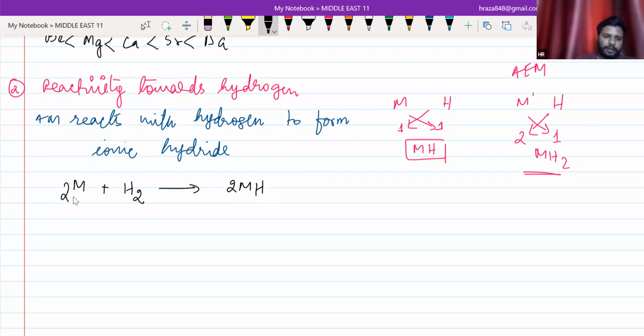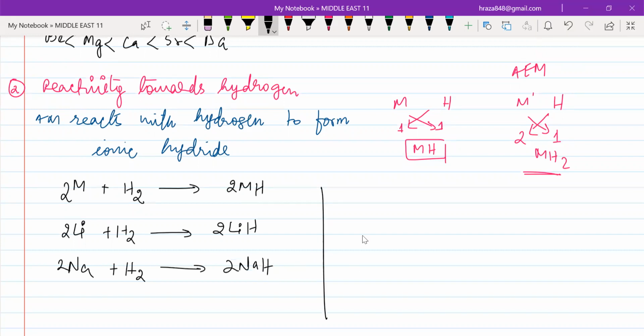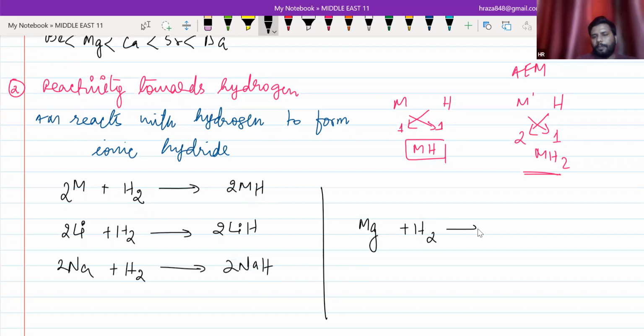You can balance it. Like lithium will react with hydrogen to form 2LiH, lithium hydride. In the same way, sodium also reacts with hydrogen to form 2NaH. Is that clear? Yes, sir. And if you talk about magnesium, magnesium will form MgH2.